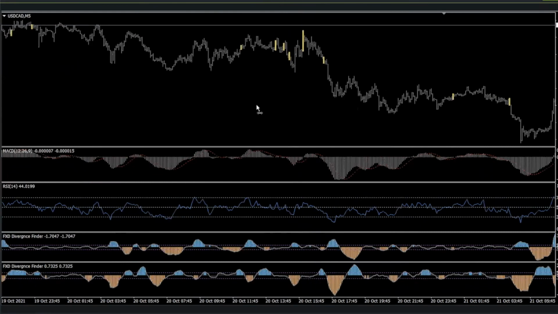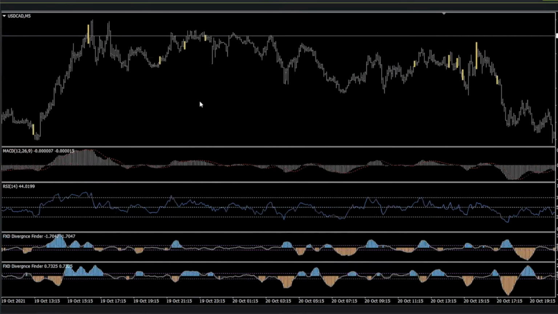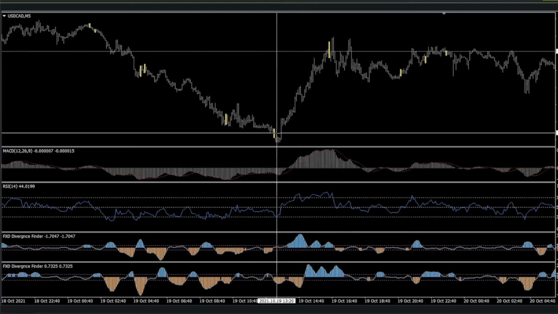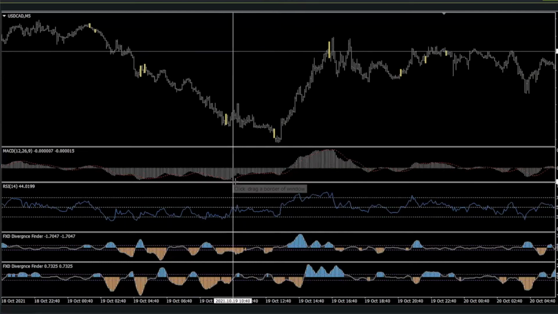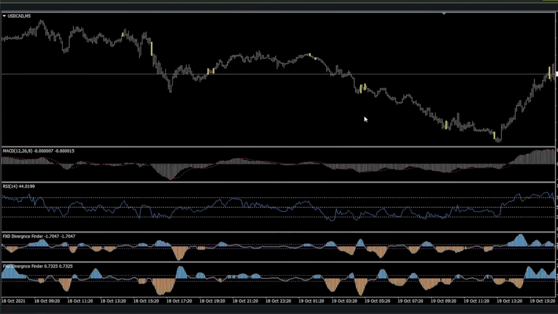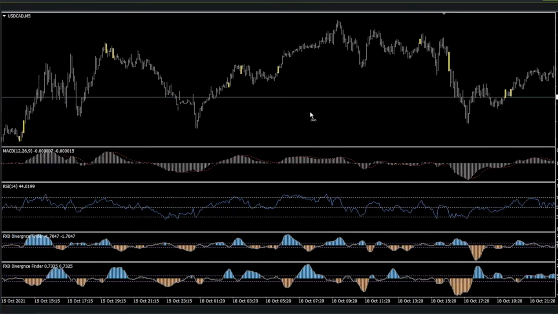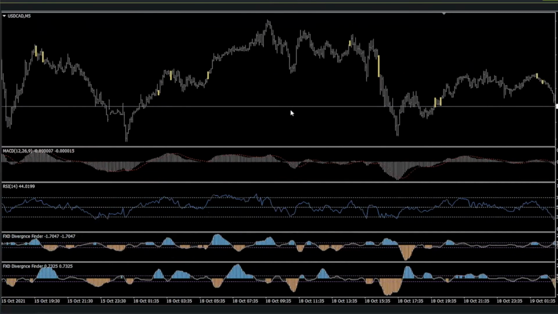Now, for example, this was a classic divergence which has been detected by practically all of them. So you have the classic divergence here, here, and here. Now, for example, look at this nice example here.